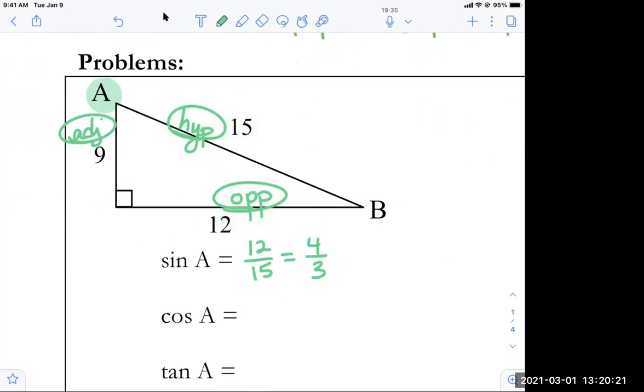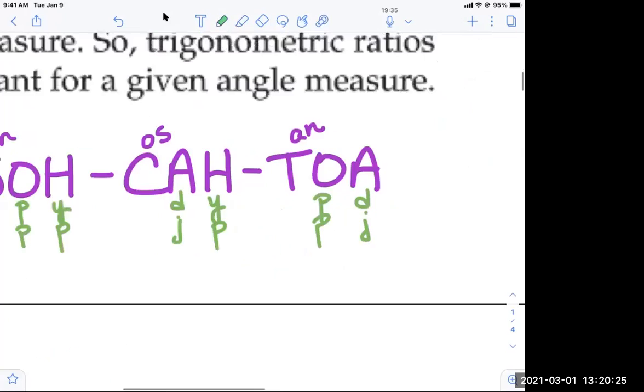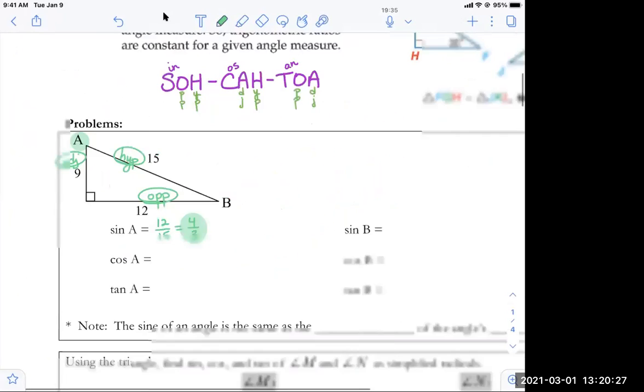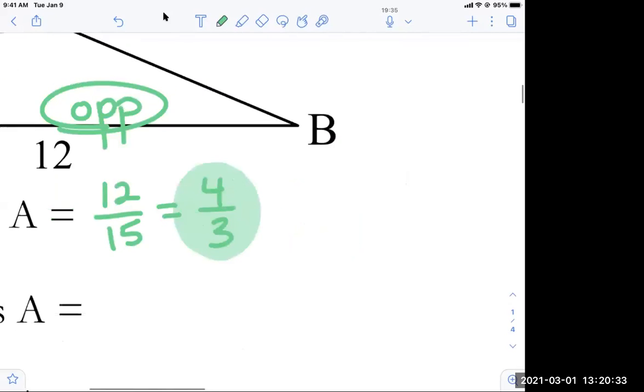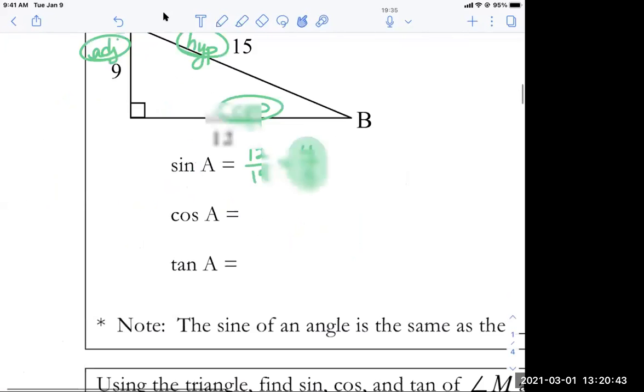Divide out a 3, 4 over 5. Okay, I said 4/5, not 4/3. Good. If you divide by 3, it should be 5, I thought. Yeah, you did. You're right. Sorry.